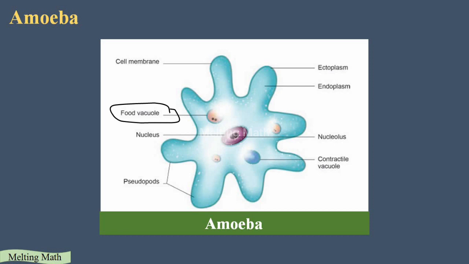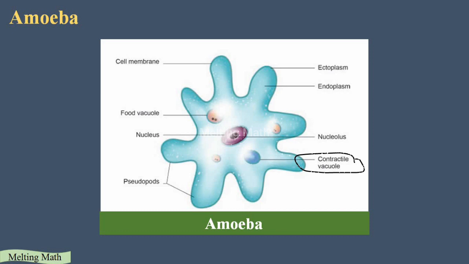Right opposite to that you can see the contractile vacuole. It expels the waste water through the contractile vacuole only. So it takes in food from the water through the food vacuole, and it expels the waste particles of the body through the contractile vacuole.